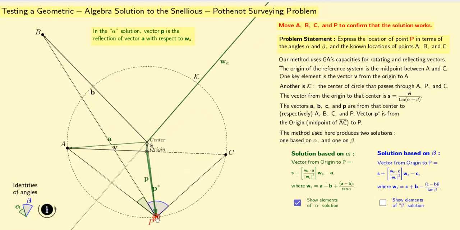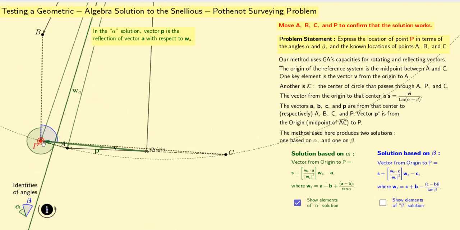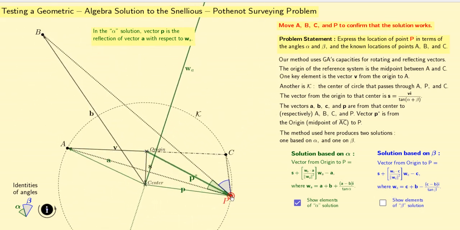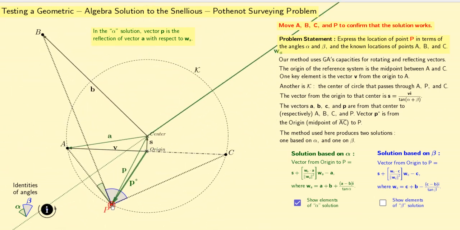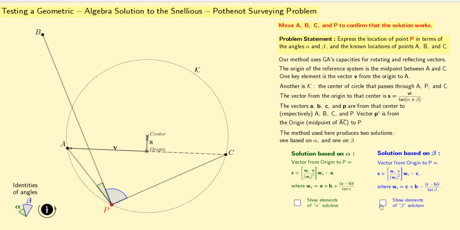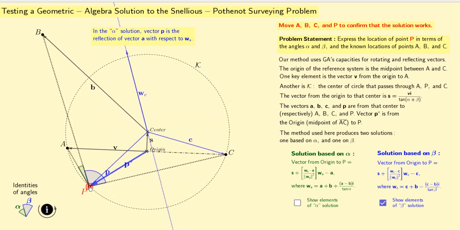And we can test to show that even if we move P around to different positions with respect to A, B, and C, this solution still does work. Similarly, this construction lets you test the solution that's based upon the angle beta. And here again, the vector from the center of that circle to P is the reflection of the vector from the center to C with respect to this vector WC.